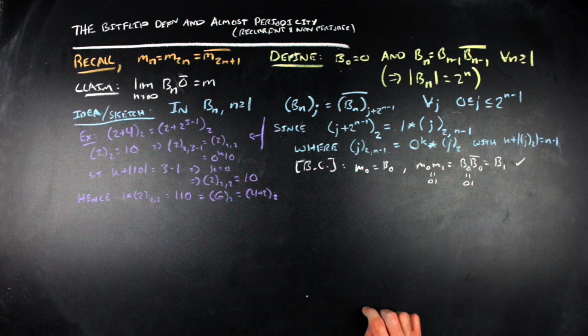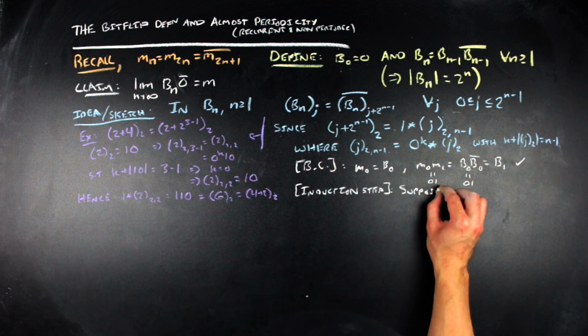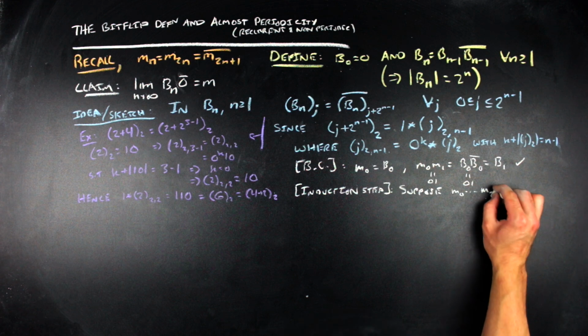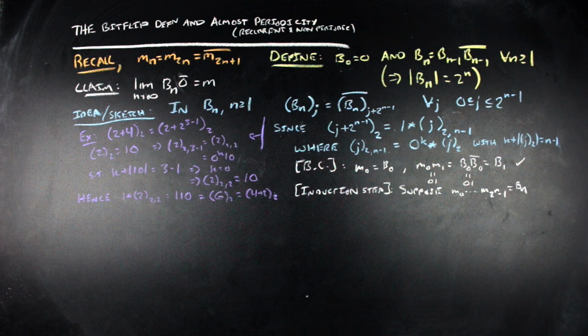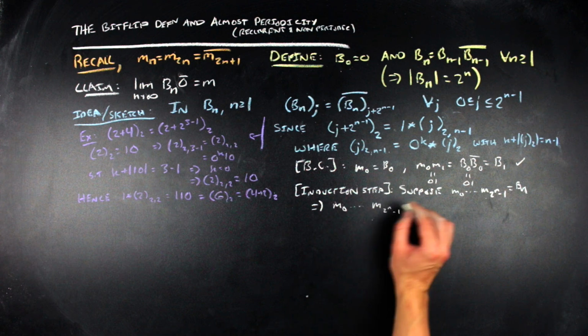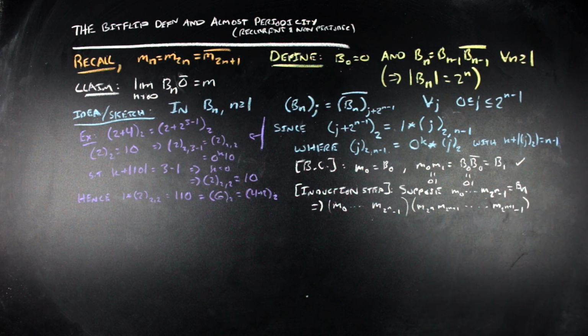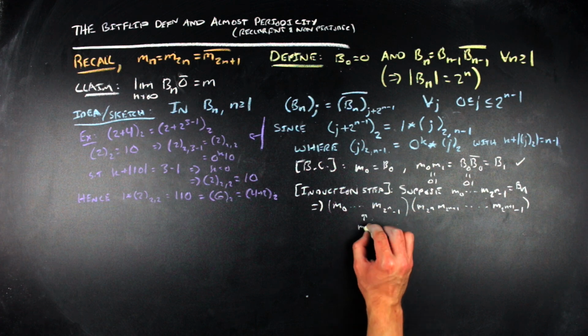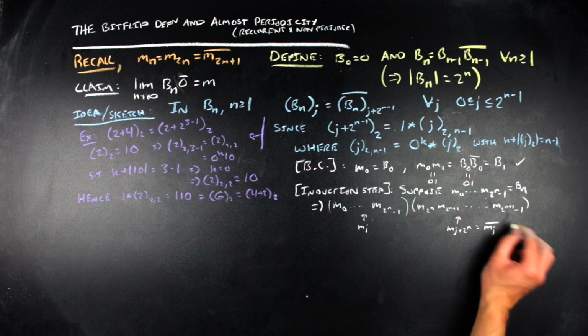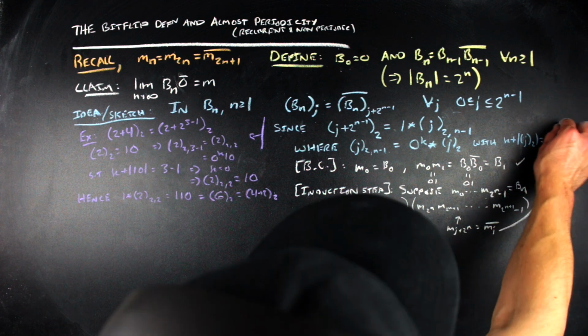So that checks out. For the induction step, suppose that the nth term in the b sub n sequence is m0 up to m sub 2 to the nth power minus 1. Then when we concatenate the next chunk of terms in the Prouhet-Thue-Morse sequence, we have m sub j and then m sub j plus 2 to the n, which is equal to the conjugate of m sub j, from our earlier observation that we're essentially left concatenating a 1.